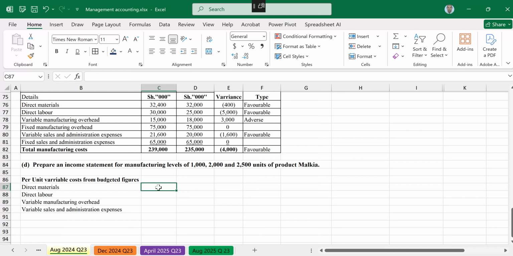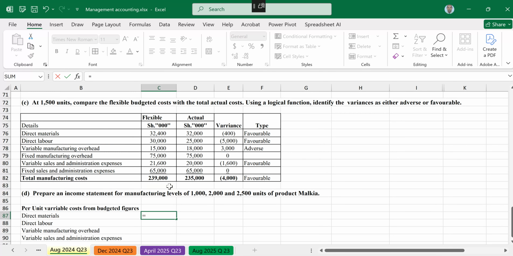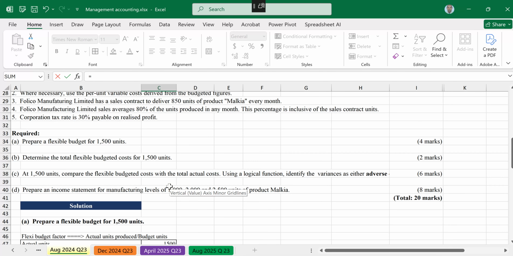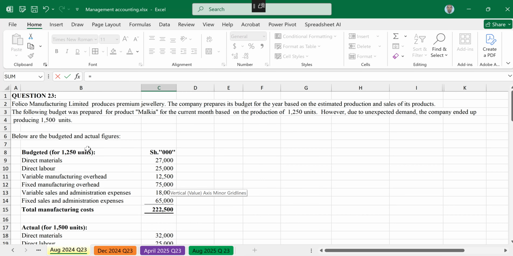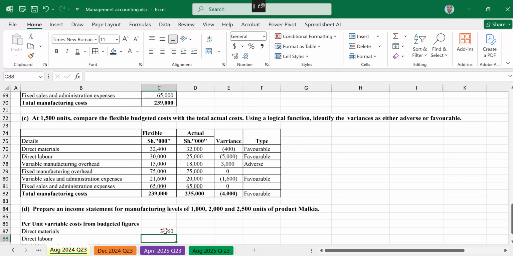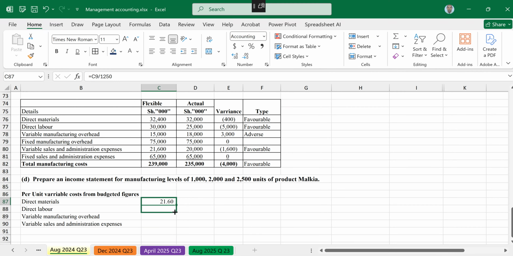So direct material will be equal sign. Scroll up, and you can see budgeted here. Just take 27,000, divide that by 1,250, the per unit variable cost from the budgeted figures, and that will be 21.60. You can drag down to reflect the other one.